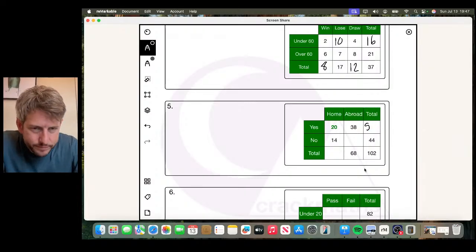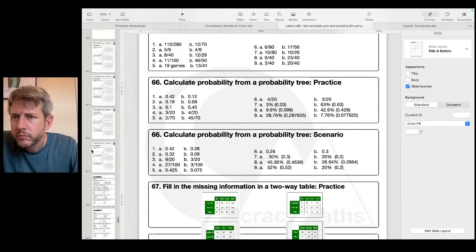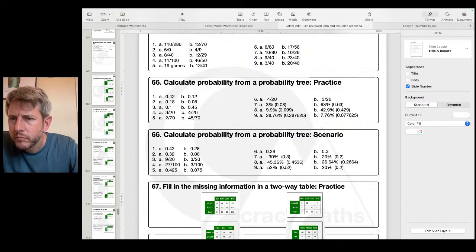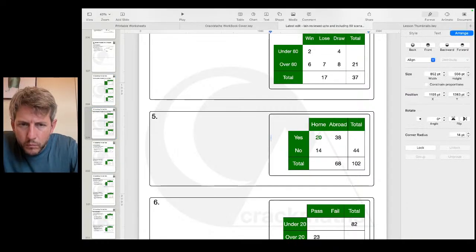That shouldn't be there. Well, it should be a different colour. What is it? Oh no, it's an image. Is it an image?